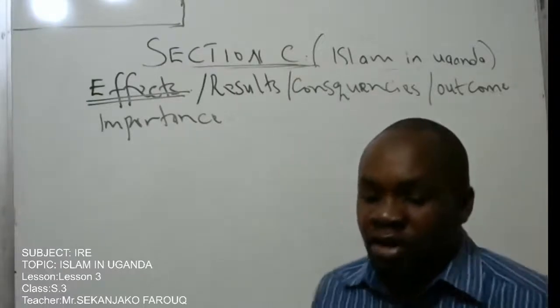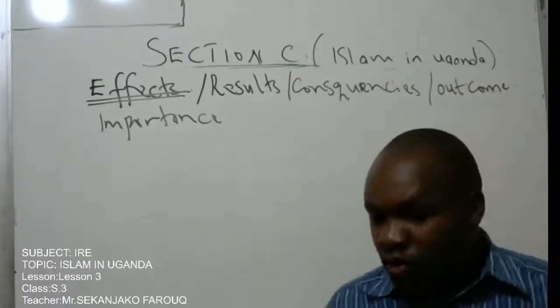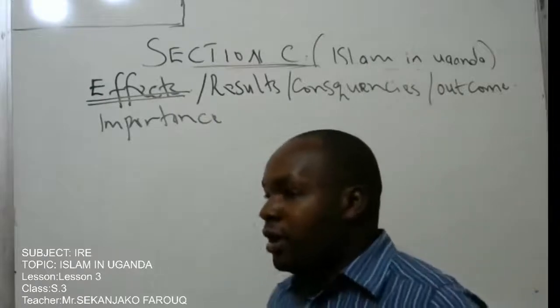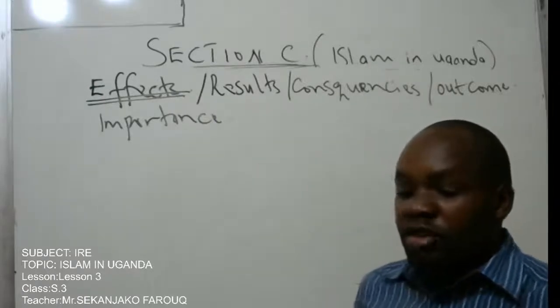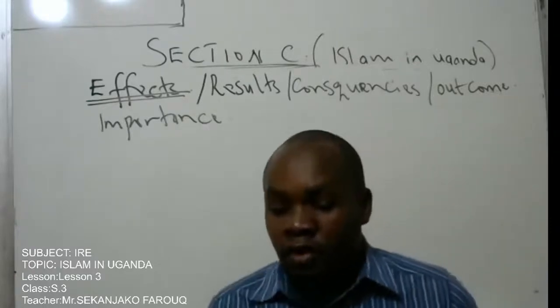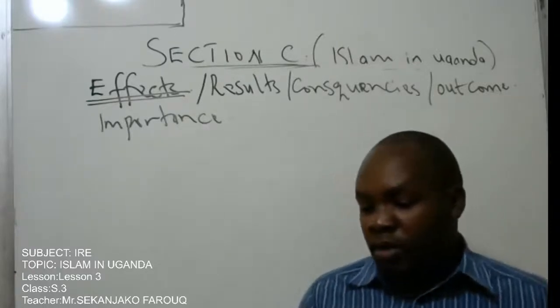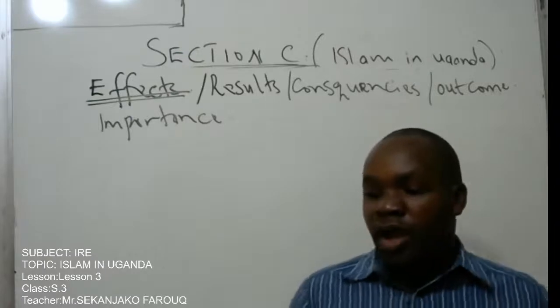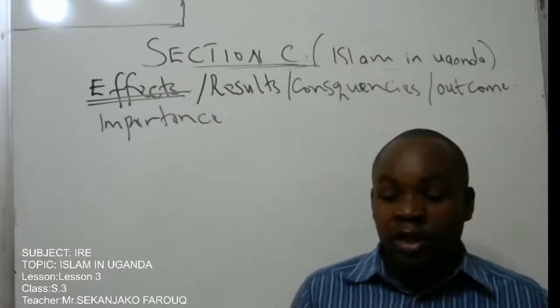They were first given three: Busuju, Gomba, and Butambala, but later on, when the Muslims complained, two were taken off from them, and they were left with only Butambala, which was dry and uncultivatable.